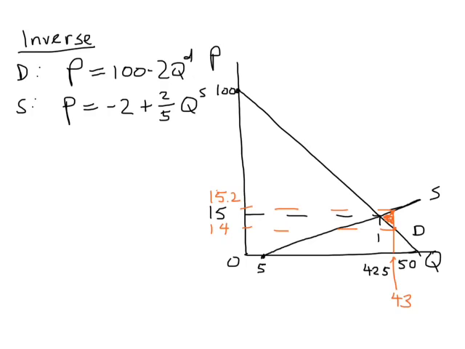Each sheet past 42.5 costs sellers more than buyers value it. We add up that excess of costs over value, and we get this deadweight loss. The calculation: these were millions per year.